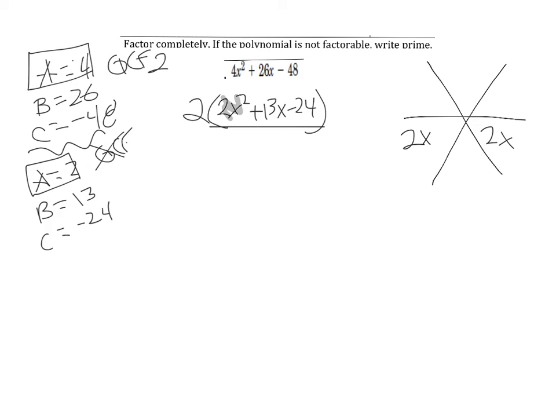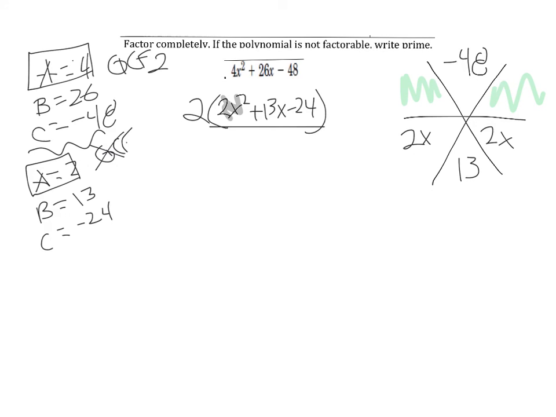I'm going to put my B, which was 13 there. On my top part, I'm going to put a times c, so 2 times negative 24 is negative 48. And then I'm going to have to start thinking of numbers multiplied together that give me 48, but when I add or subtract them, they'll give me 13.